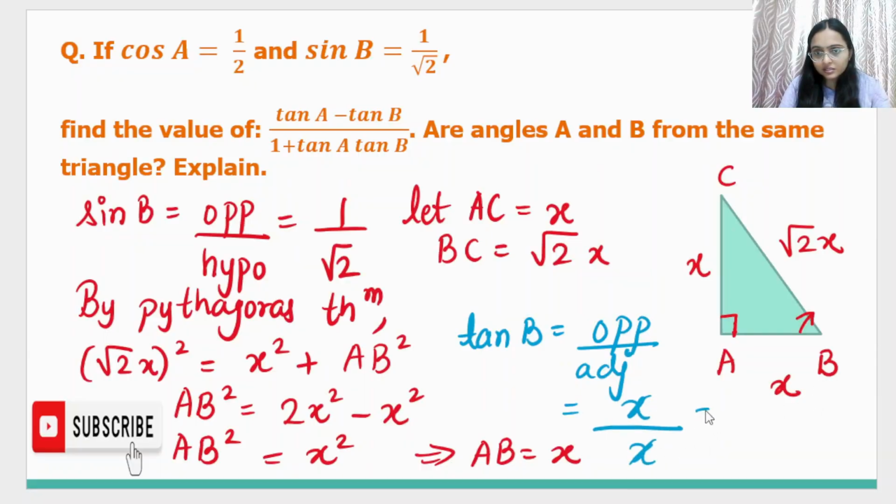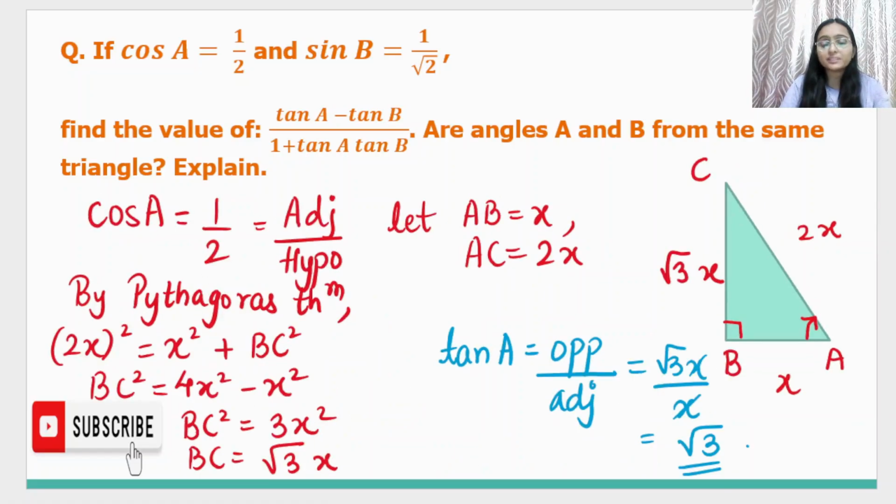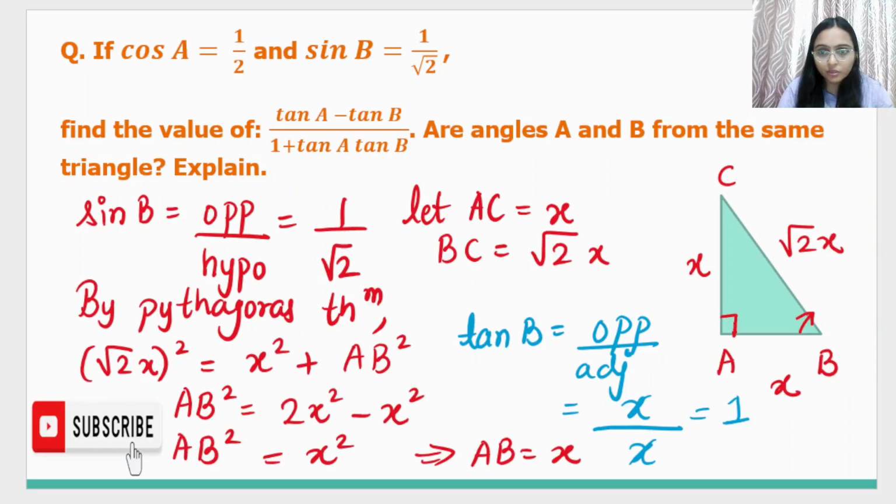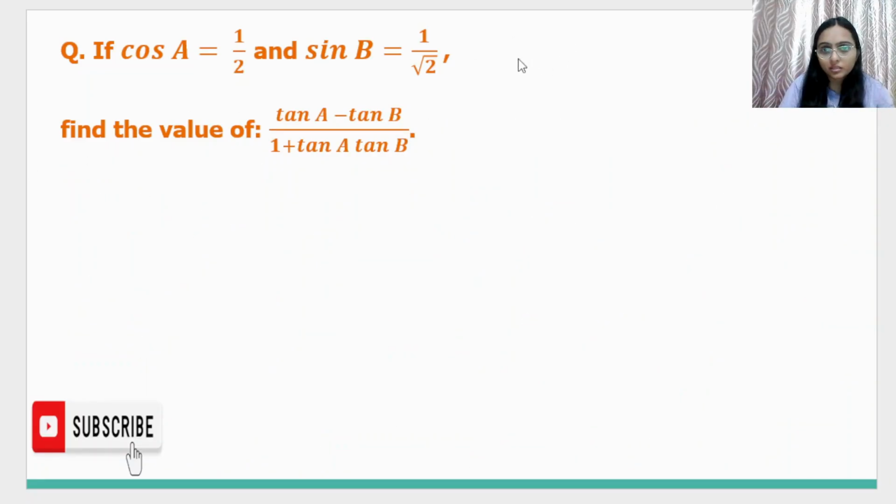So when we cancel this, we get tan B equals 1. So from the first triangle we got tan A as root 3, and from the second triangle we got tan B as 1.